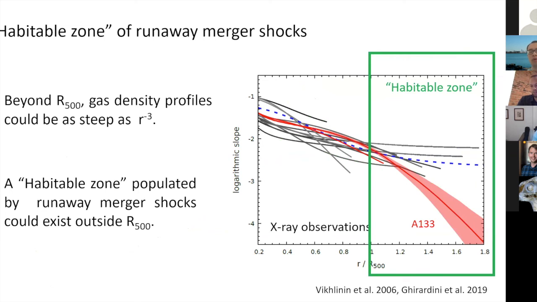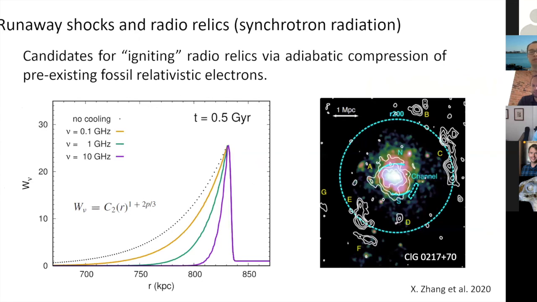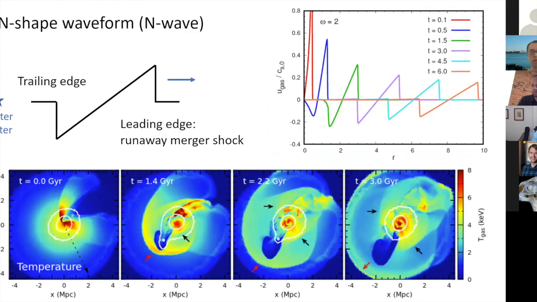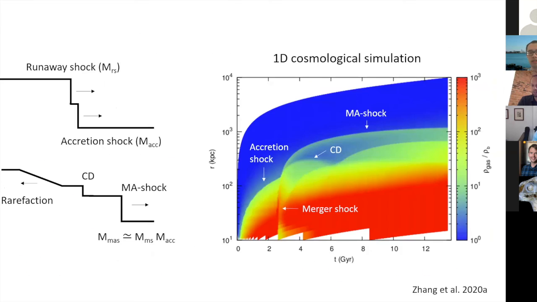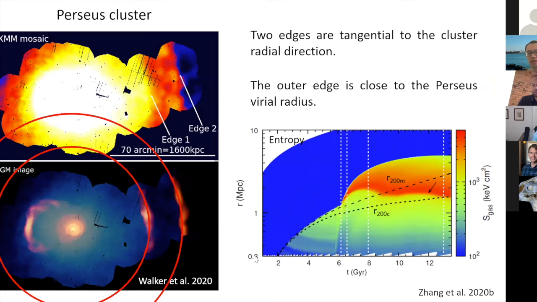And it will move all the way to large cluster radii, which means it could reach a very large cluster radius and encounter the accretion shock. So in our 1D simulation, for example, here, the dashed line and dotted line show the virial radius of this cluster. You can see the MA shock could reach 2 or 3 times the virial radius.